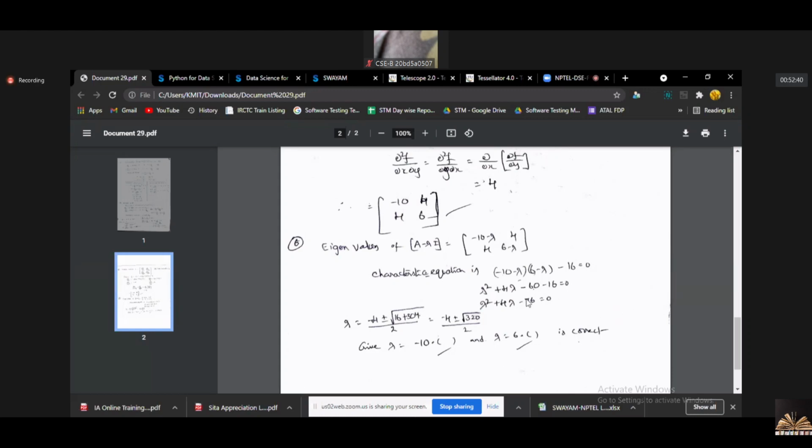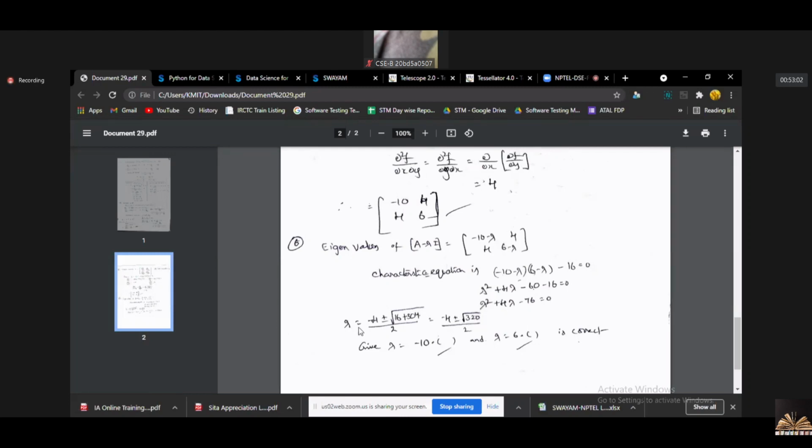Now this is a characteristic equation, ax square plus bx plus c equal to 0. As I already told you, the roots formula is minus b plus or minus root of b square minus 4ac, divided by 2a. So using that formula you substitute the values.